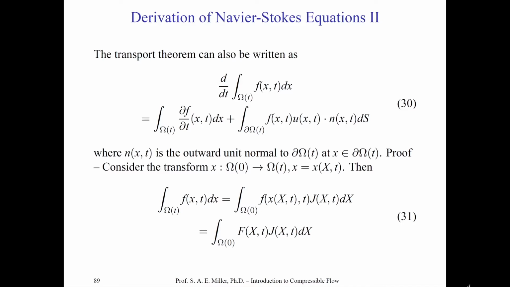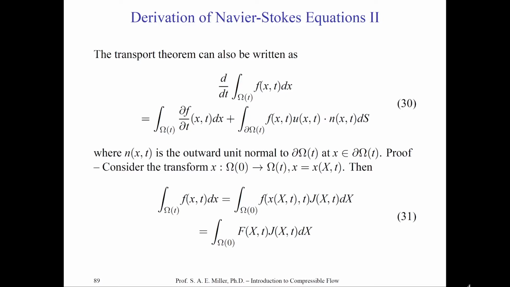It states that the ordinary derivative over the fluid parcel of f, which is some function, either a scalar or vector field, will go as the volume integral of partial f partial t plus the surface integral of f u dot n dS. And of course, this volume to surface flux is the only change in the equation from 29. So we just modified the transport theorem.